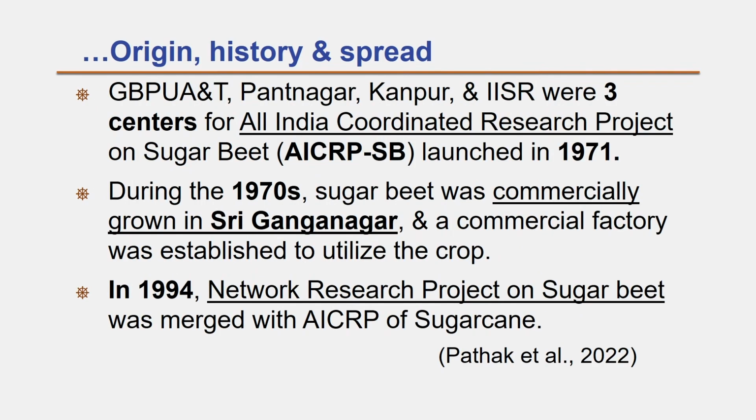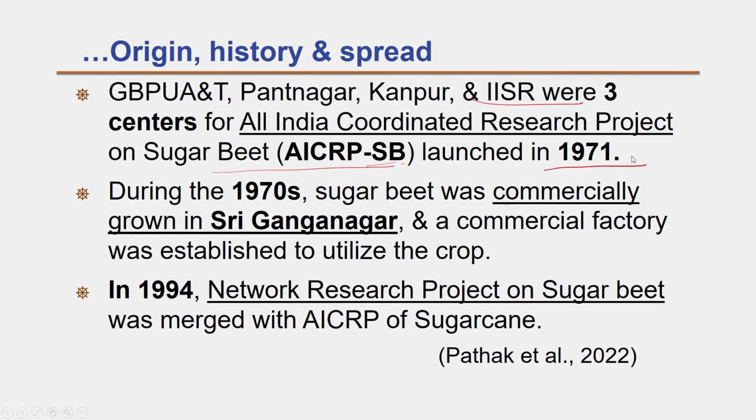G.B. Pant University of Agriculture and Technology, Pantnagar, Kanpur Agricultural University and Indian Institute of Sugarcane Research were three centers under the All India Coordinated Research Project on sugar beet. It was known as AICRP SB, SB for sugar beet, launched in 1971.